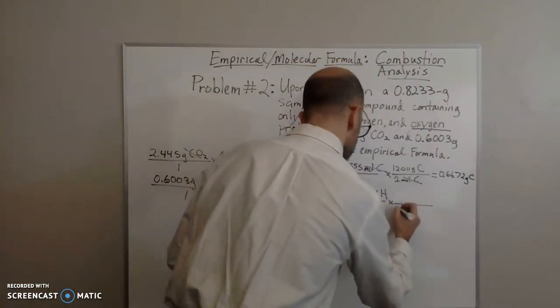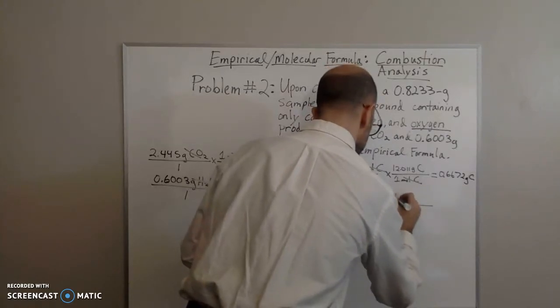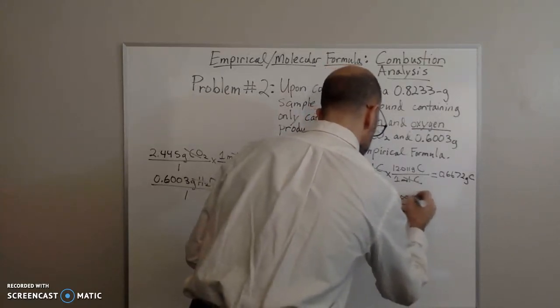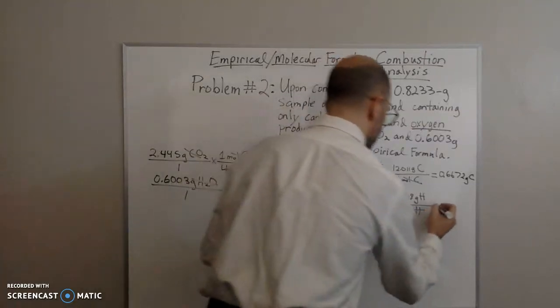And then we do the same thing for our hydrogen. So 1 mole of hydrogen is to 1.008 grams of hydrogen, so the moles cancel out.